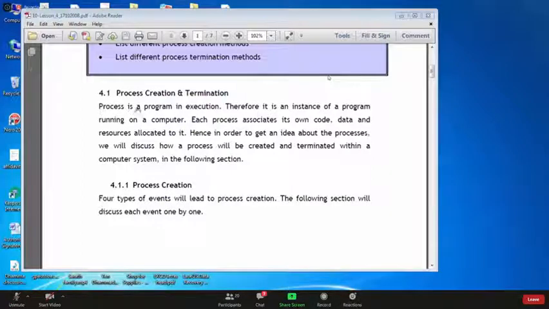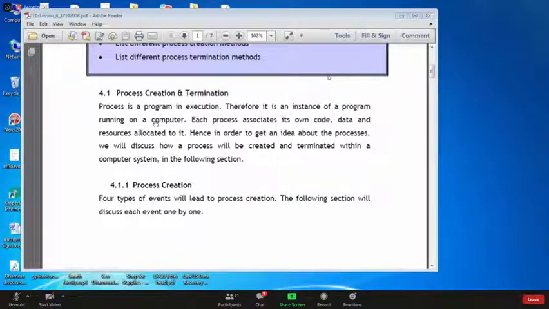So again, you can see the definition. A process is a program in execution. Therefore, it is an instance of a program running on a computer. Now, in your computer there can be so many programs, but when it is in execution, we call it a process. So it is one instance of the program.